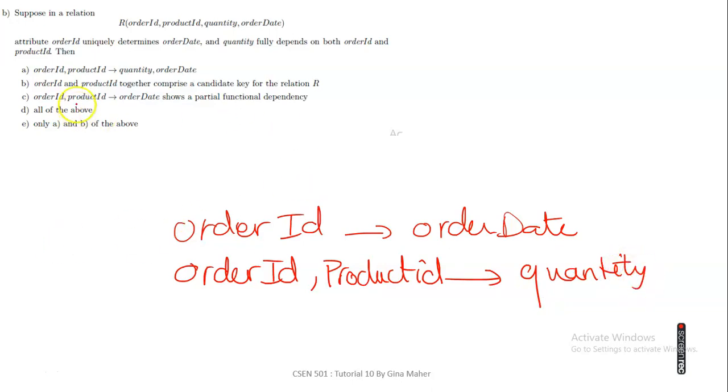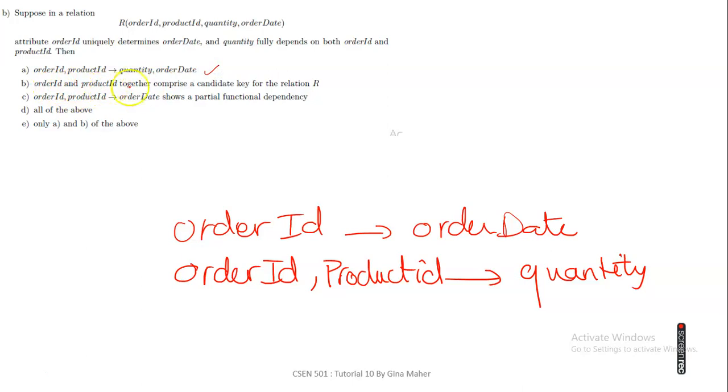Okay? Now, can order ID, product ID get quantity and order date? Actually, yes, because the quantity can be deduced from both of them and the date can be obtained from the order ID. So this one holds.